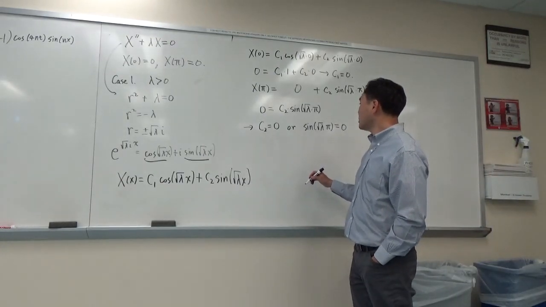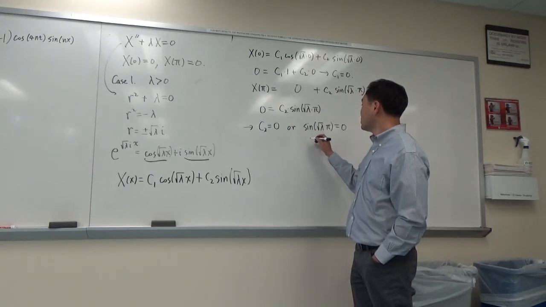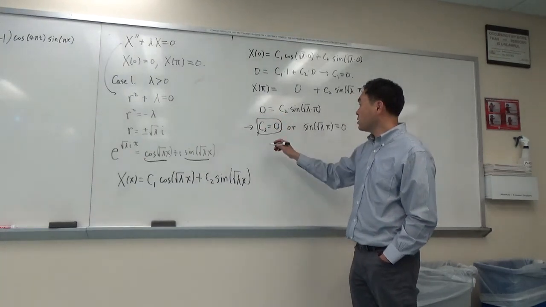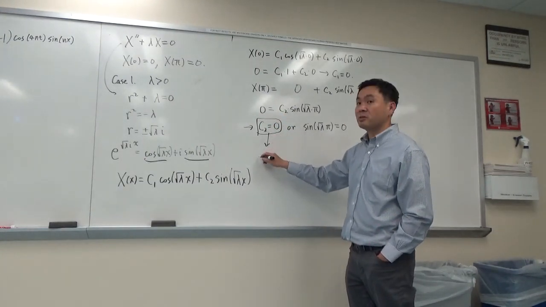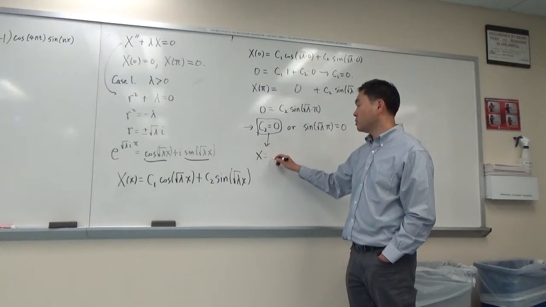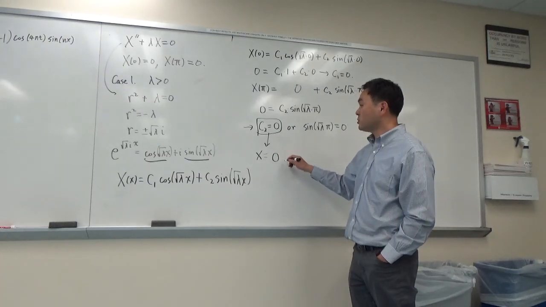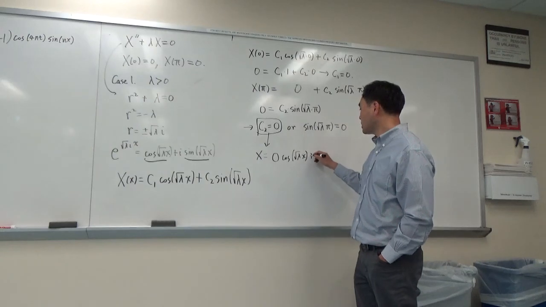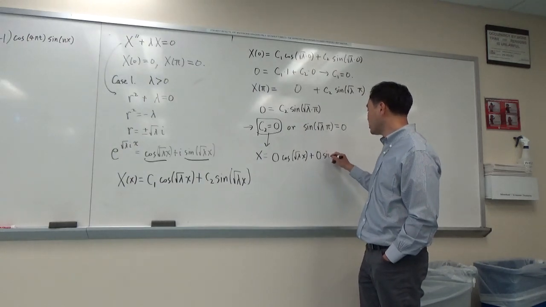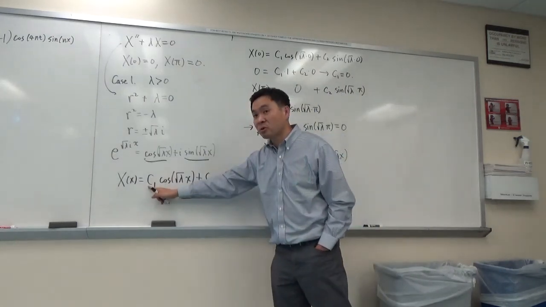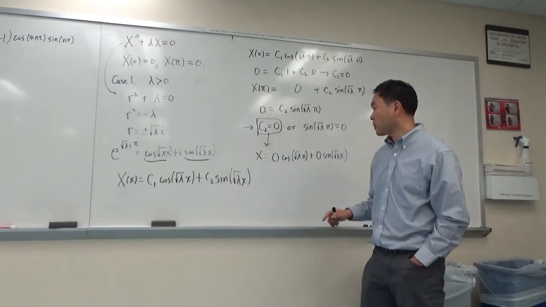Now think about the first one, and this is something that you must write. For this one, what happens? x becomes 0 times cosine square root of lambda x plus 0 times sine square root of lambda x, because I have C1 as 0 and C2 as 0 as well, right?